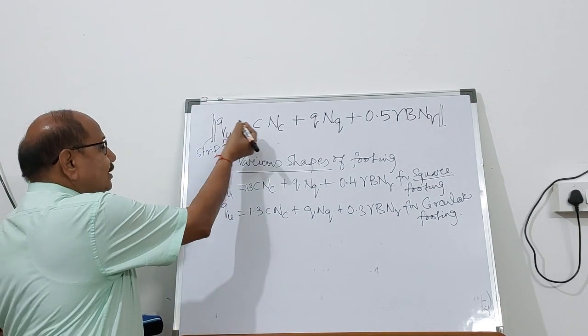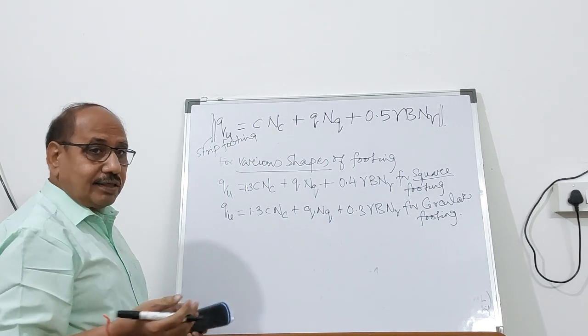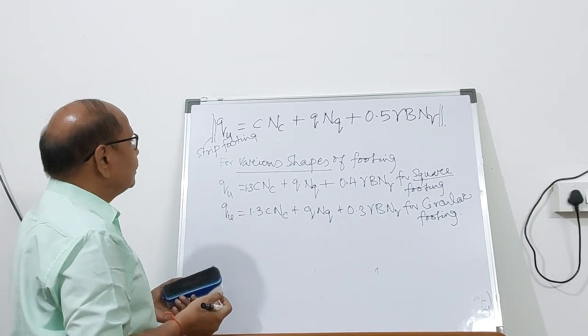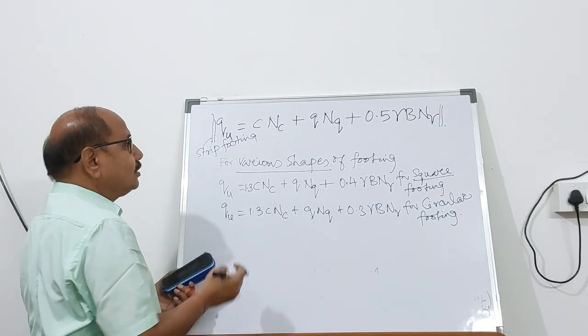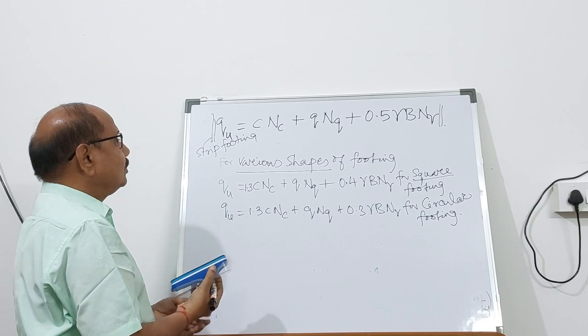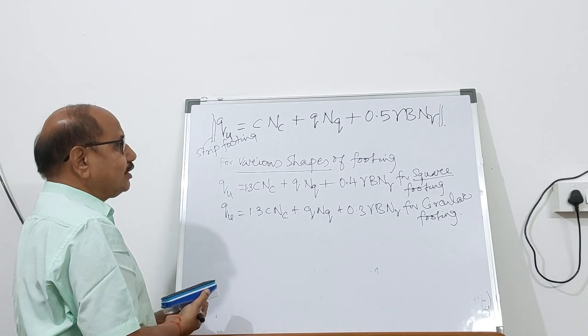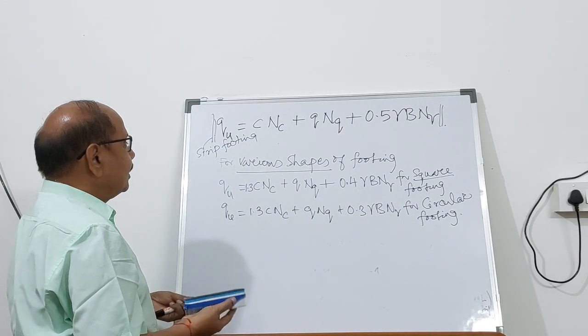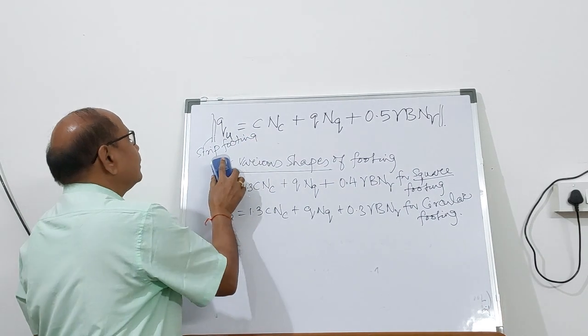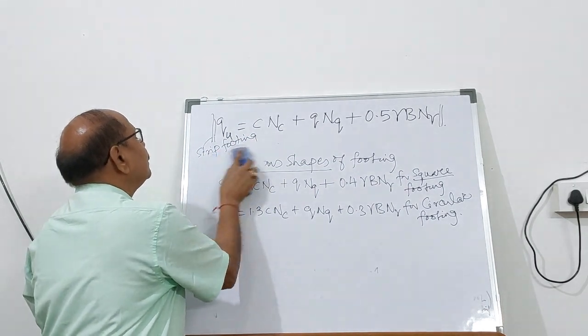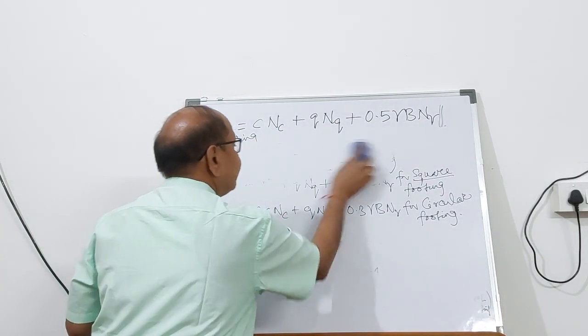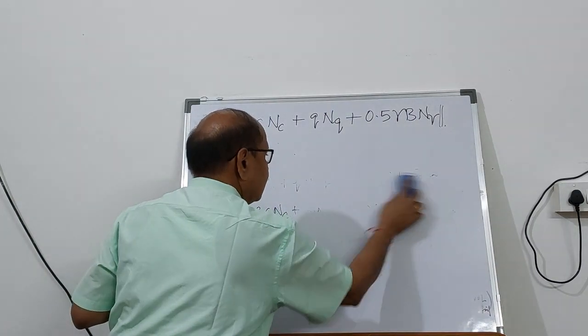Also, it doesn't take into consideration the water table effect. So this equation is a very general equation given by Terzaghi, and you will have to again take into consideration the effect of water table.